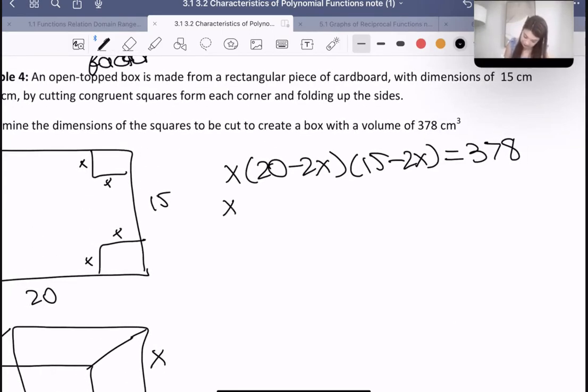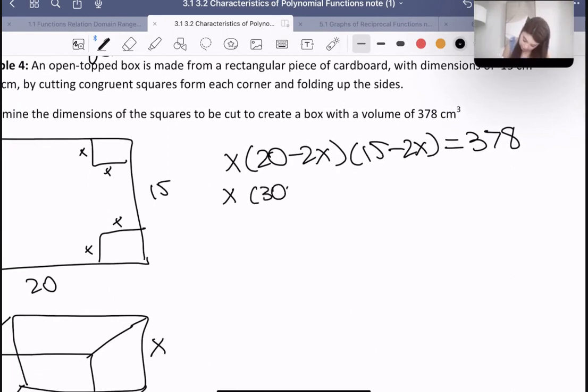Let's expand these. Let's see. So 20 times 15 is 300. And then 20 times negative 2x is negative 40x. Negative 2x times 15 is negative 30x. And negative 2x times negative 2x is 4x squared. Okay. And then I'm going to put the x in there too.